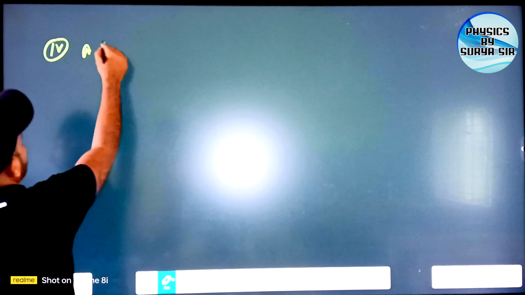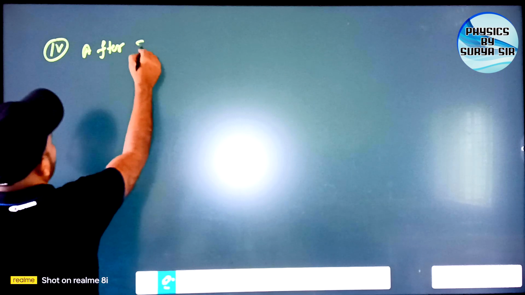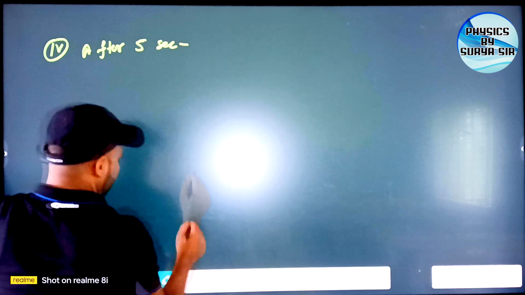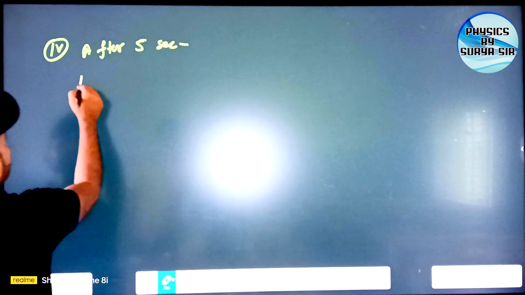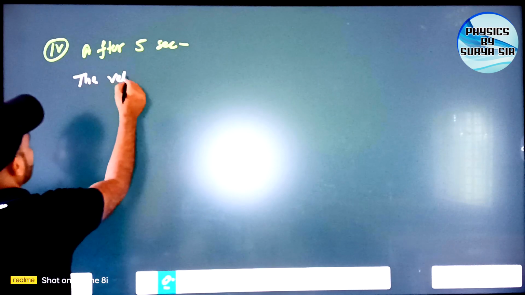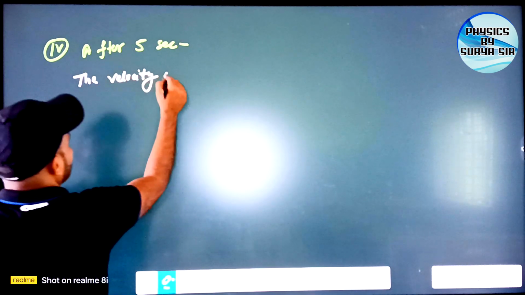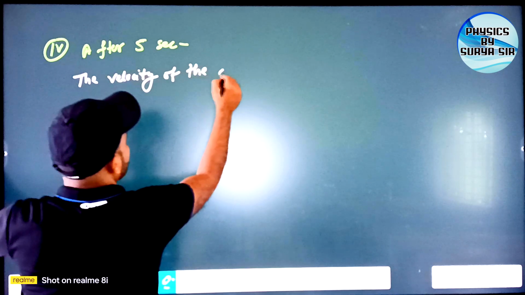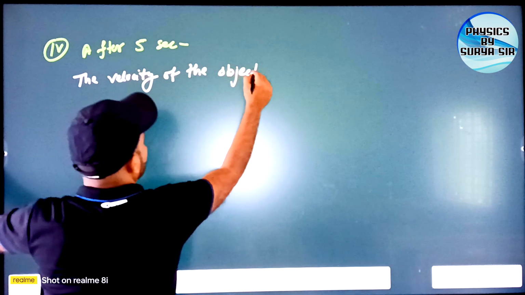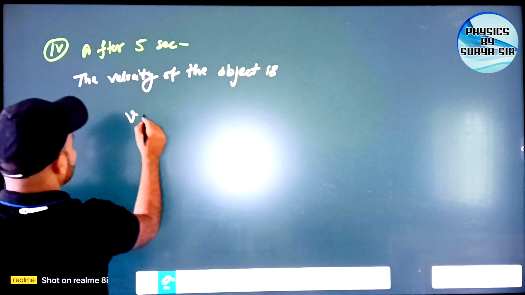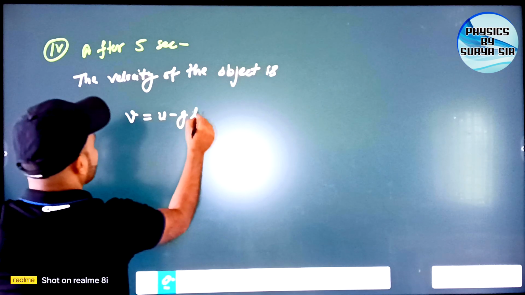After 5 seconds, the velocity of the object is v is equal to u minus gt.